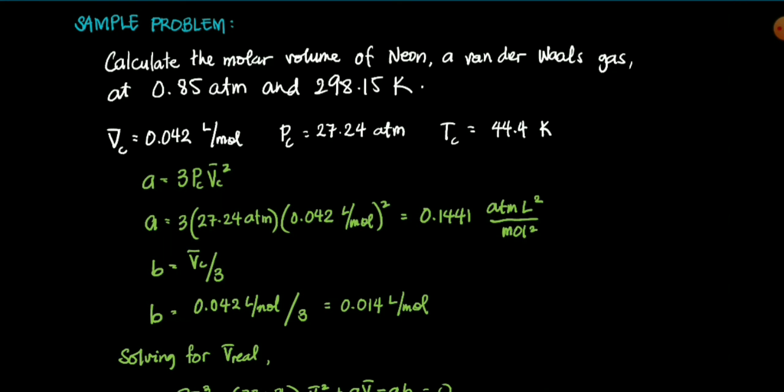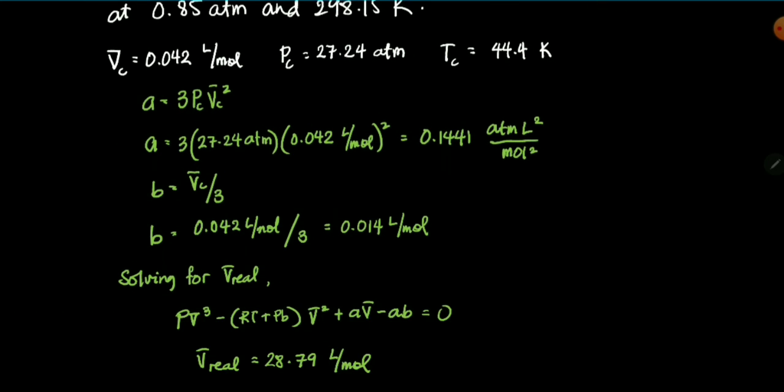Sample problem. Calculate the molar volume of neon, a Van der Waals gas, at 0.85 atm and 298.15 Kelvin. Given the critical parameters, VC is 0.042, PC is 27.24, and TC is 44.4 Kelvin.